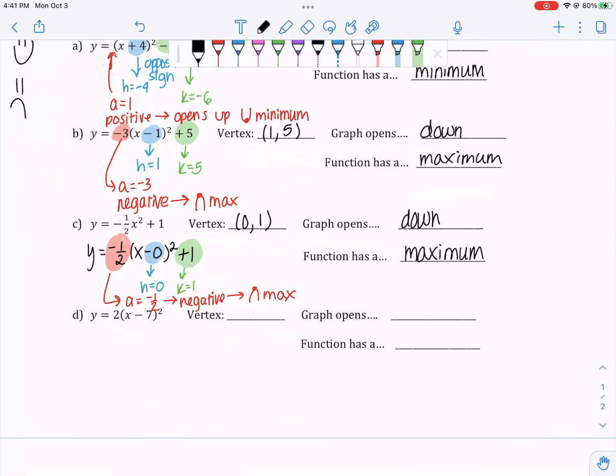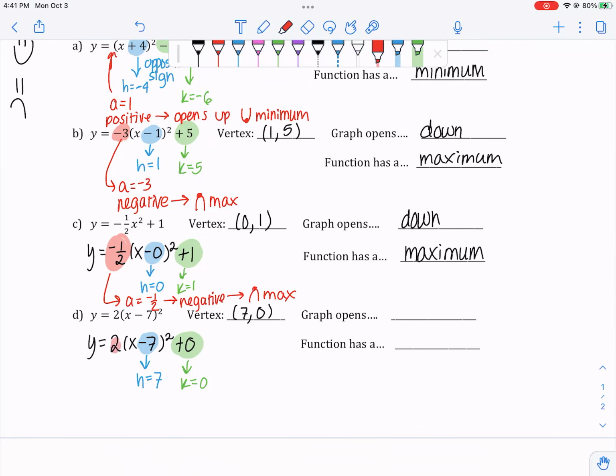For this last one, the first part looks the same, (x minus 7) quantity squared, but there's no k value. And that's because it's an invisible plus 0. So if you don't have something written at the end there, it means that the k value is 0. h is the opposite sign, so this is positive 7. k is going to be 0. That means that the vertex is at (7, 0).